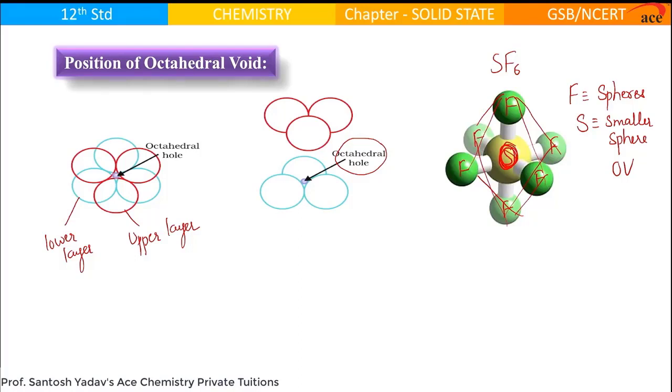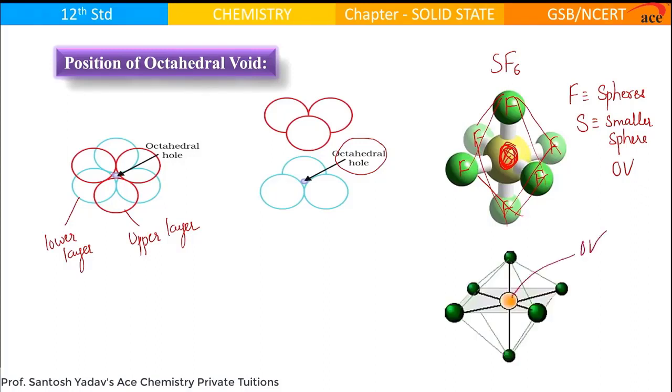So, in SF6, sulfur is your octahedral void and the 6 fluorines are your spheres trapping that octahedral void. Although here the green spheres look small, remember the spheres are much larger than the octahedral void.